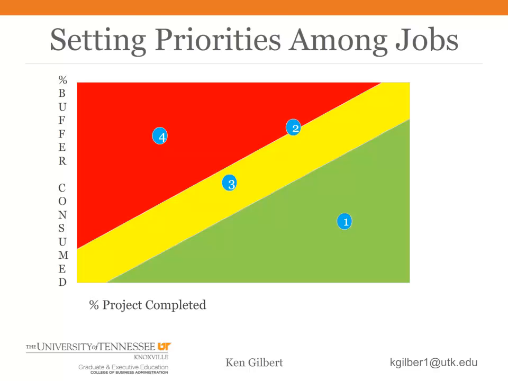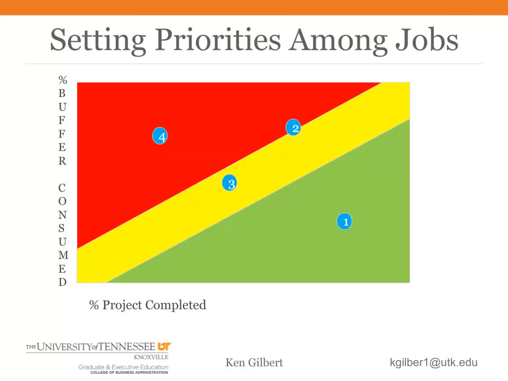And our goal is not to complete some tasks early and some late, so that on average we're looking good. Our goal is to be predictable in completing every project in its allocated completion time. Let's look at task 4. Its project is only 1/4 complete and has already used 3/4 of the buffer. We need to act by giving task 4 first priority in the queue and minimize the chance of using up more of its buffer.